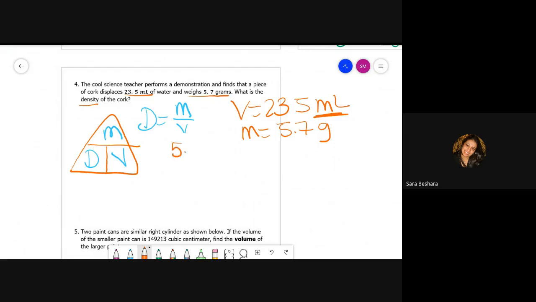It's actually mass over volume. So it's 5.7 over 23.5. And that would be 0.2455, and it is grams per milliliter.